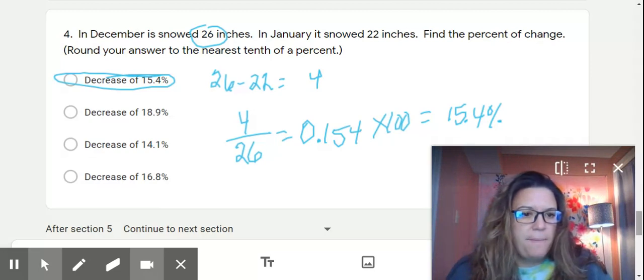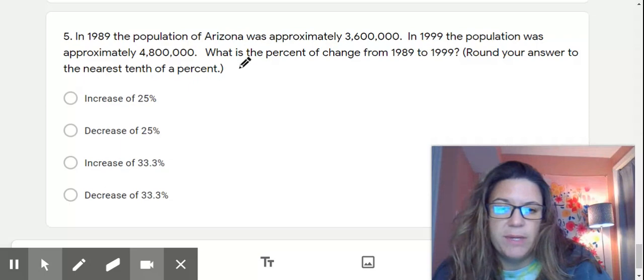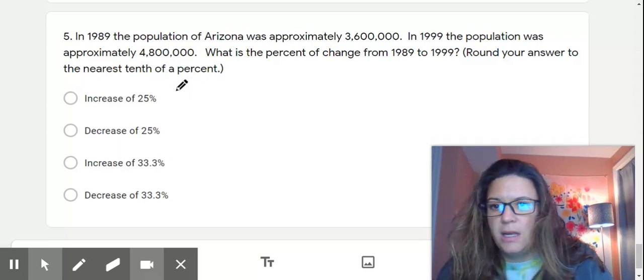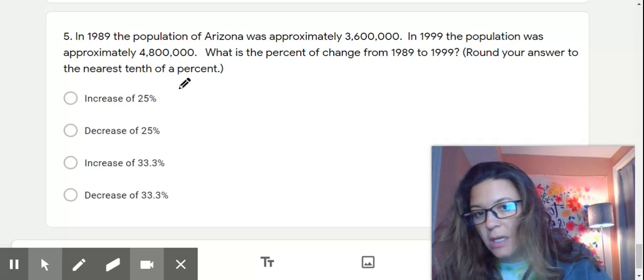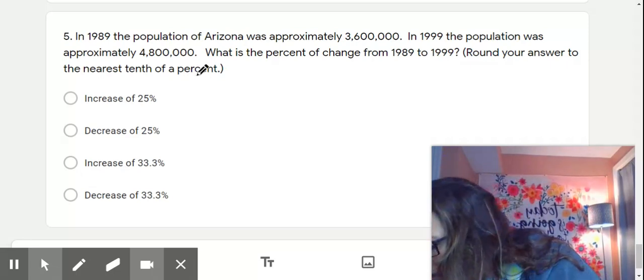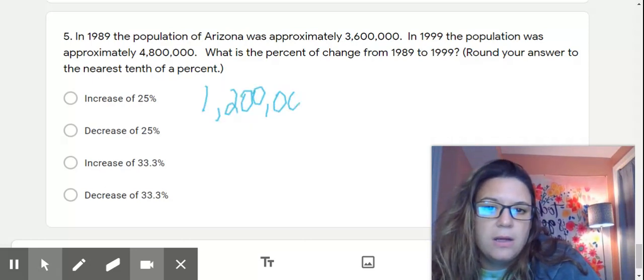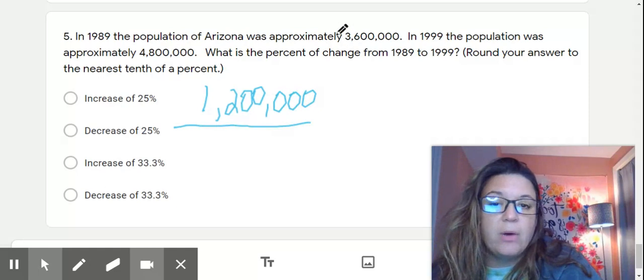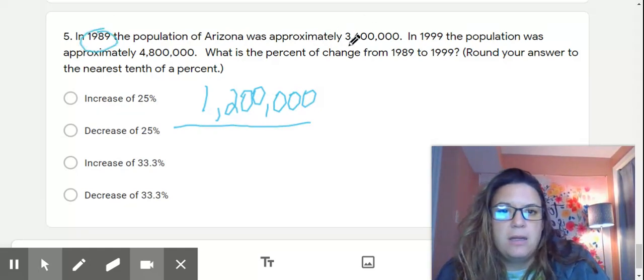All right, last one. 1989, the population of Arizona was 3,600,000. And then 10 years later, it was 4,800,000. So 4,800,000 minus 3,600,000 is 1,200,000. That is the amount it changed. And now I'm going to divide that by the original amount, which was this much in 89 and this much in 99.